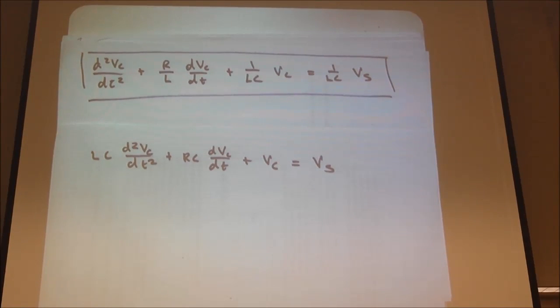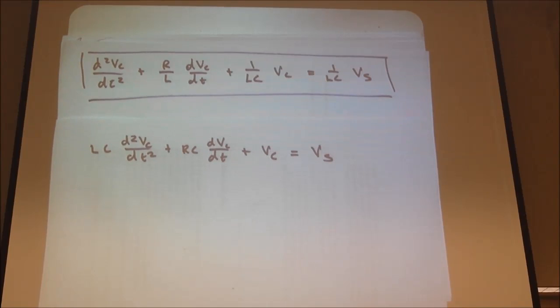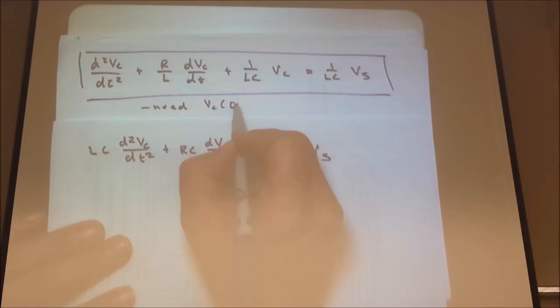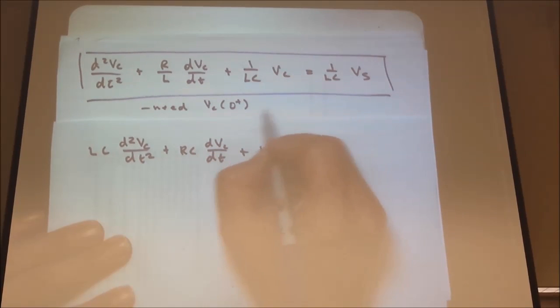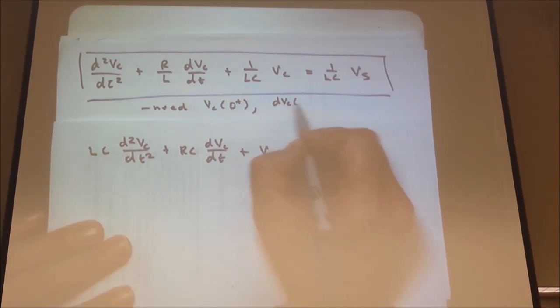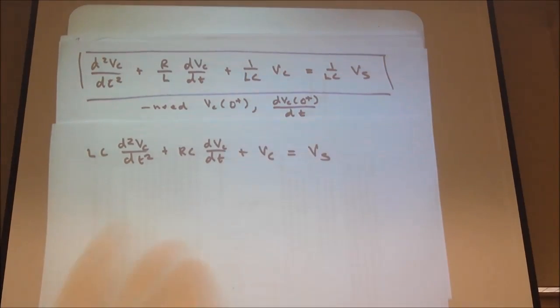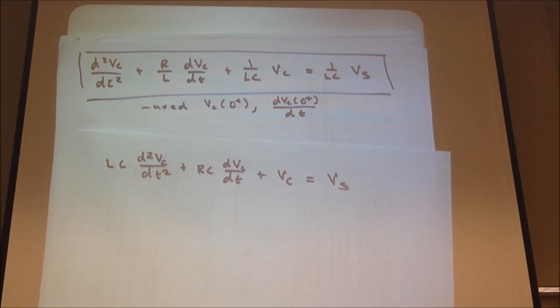What are they? Well, you need VC(0+) and dVC(0+)/dt. But that actually has a different interpretation. What is dVC(0+)/dt? Well, what's dVC/dt? Current, with the 1 over C in there.